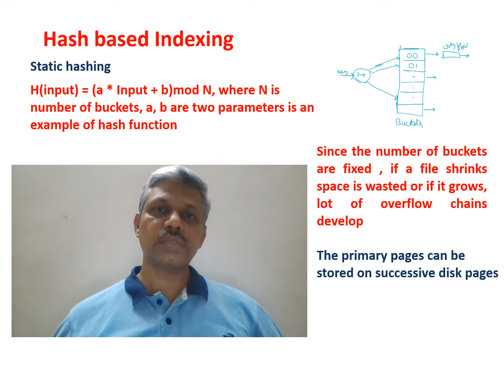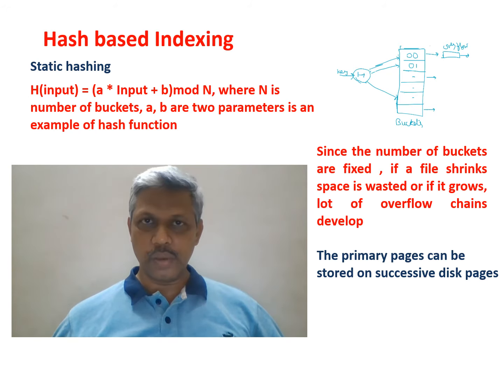then in that case we have to create one more overflow page for the same hash value. For example, in the diagram you can observe that 00 indicates the first bucket, where the indexes corresponding to the hash value output 00 are incorporated.